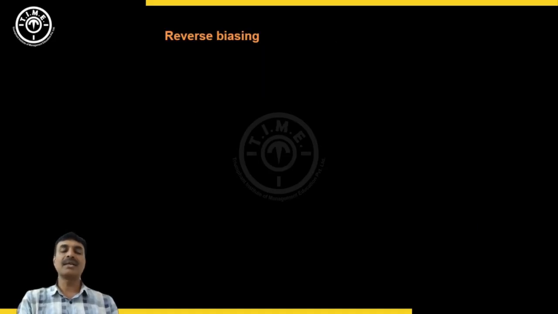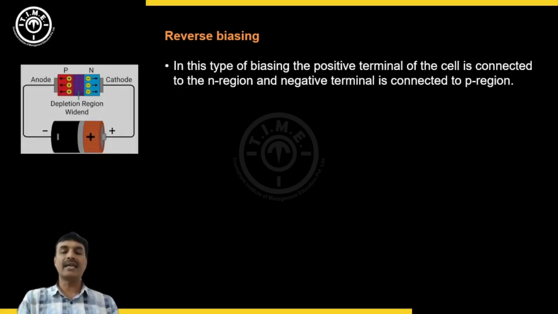Right. Now coming to the reverse bias, the name itself indicates reverse bias. When the positive terminal of the battery is connected to the N side of the diode and the negative terminal is connected to the P side of the diode, then the diode is said to be in reverse bias mode, as shown here. See, the positive terminal of the battery is connected to the negative side, and the negative terminal of the battery is connected to the positive side of the diode.